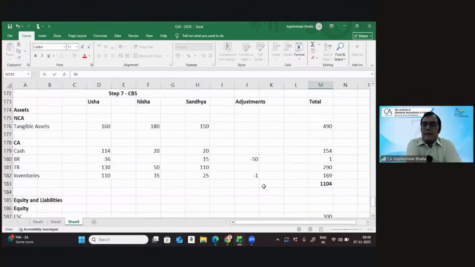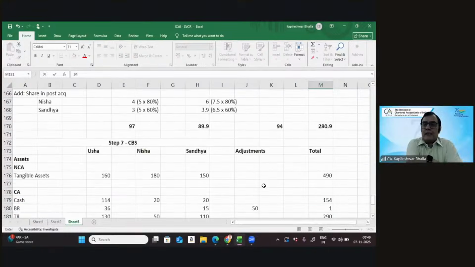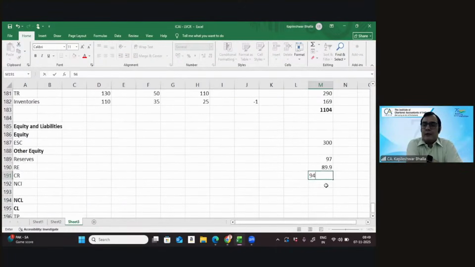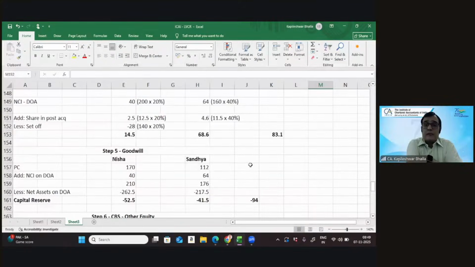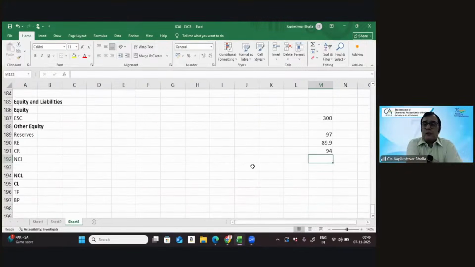So 97, 89.9, and 94. And what about the NCI? NCI was 83.1 from the step above. There are no non-current liabilities, I guess. I'm not given any non-current liabilities.